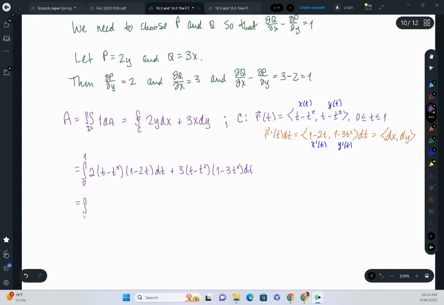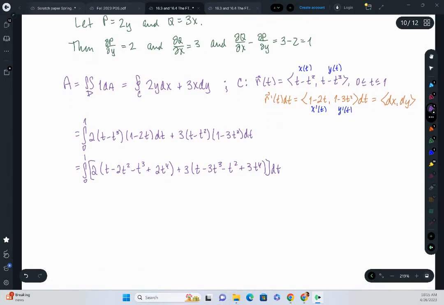This will give us the integral from 0 to 1 of, let's see, we get 2 times, and then when I FOIL this out, I've got t minus 2t squared minus t cubed plus 2t to the 4th, plus 3 times t minus 3t cubed minus t squared plus 3t to the 4th, and then put some big brackets around there, and we've got our dt on the outside.